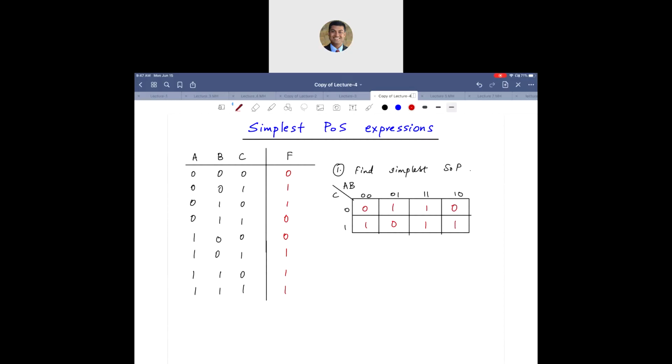All right, so if this is the case, can I make a group of 8 ones? No. Can I make a group of 4 ones? No. Can I make a group of 2 ones?